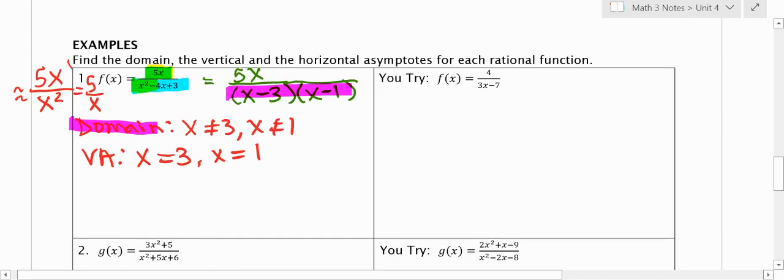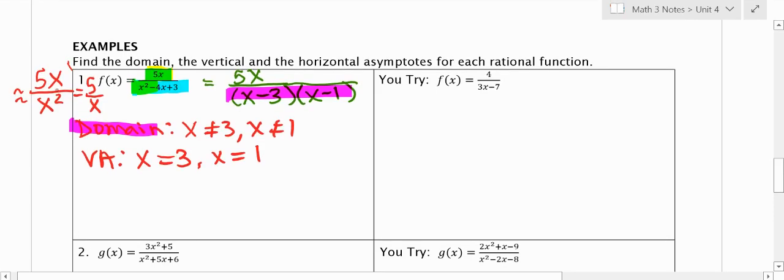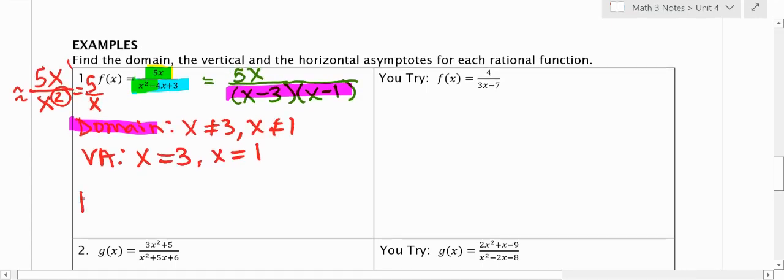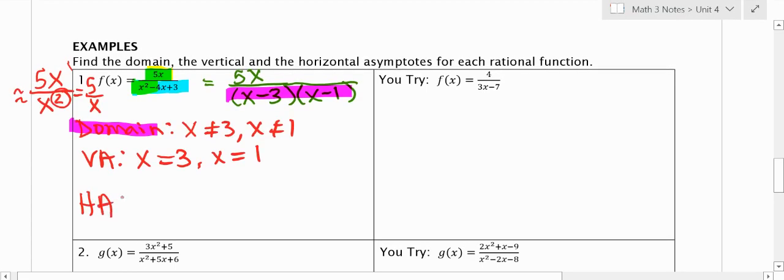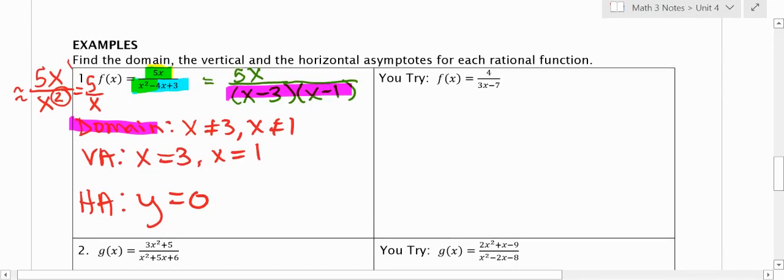You can see the bottom is going to get larger faster. So right away, my horizontal asymptote we know is going to be y equals 0, because the degree on the bottom is bigger. And then I can always throw in a graphing calculator to double check, but you can see it's going to get really, really close to 0 if I go all the way to the left and all the way to the right.